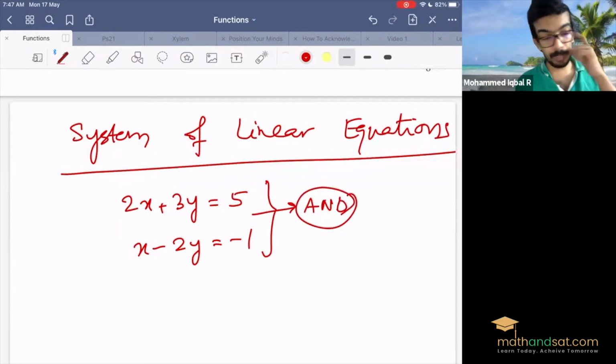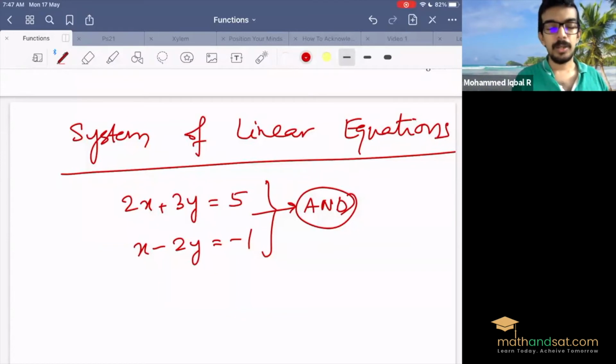Which means any x comma y that is a solution of the system will have to satisfy both equations simultaneously.